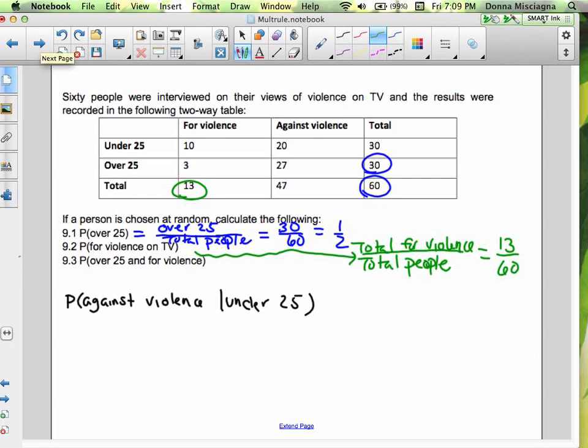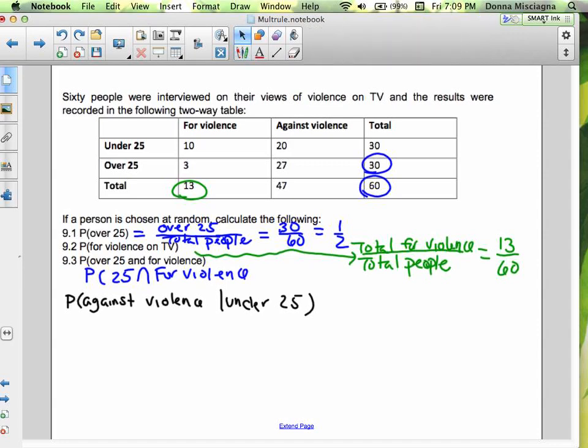The probability you're over 25 and for violence. All right. So now we're looking at the intersection, right? Actually, no, I'm sorry.